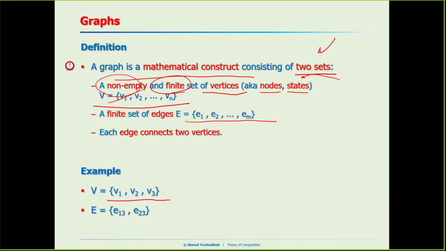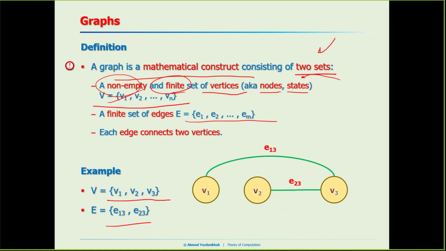So we have two sets, and this E with index 1, 3 means that the vertices 1 and 3 are connected. So if you draw the graph, you will have something like this, right? So we have three vertices and two edges, okay?